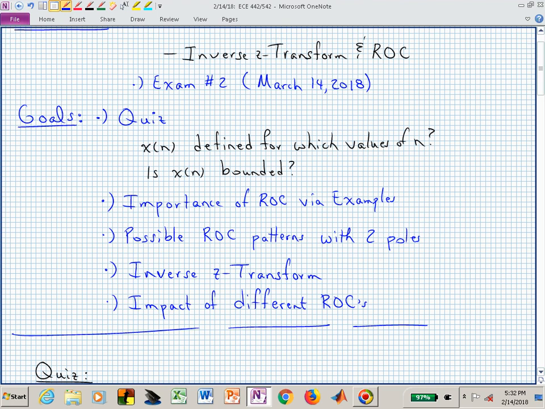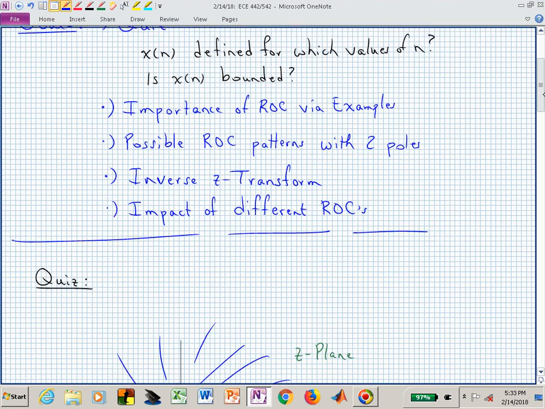What kind of variety can we expect to have? You can imagine what might happen when you have more, but actually we can illustrate the different patterns with just 2 poles. And if you have more poles, we can still have those same kinds of patterns. Then we will get into performing the inverse Z transform and then the impact of different regions of convergence for those particular transforms.